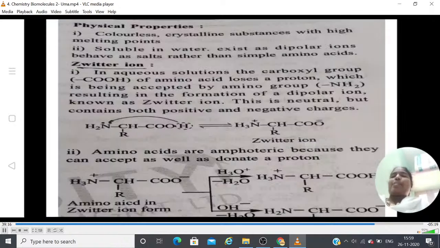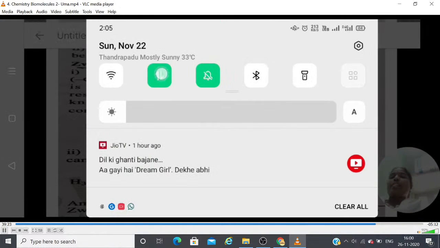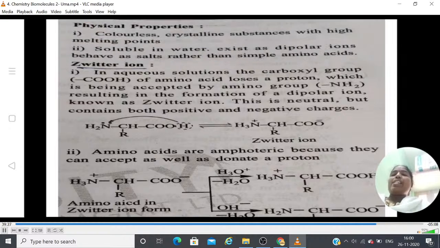Next, physical properties. Amino acids are colorless crystalline substances with high melting points. These amino acids are soluble in water.